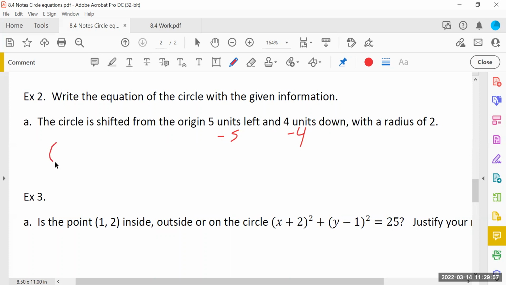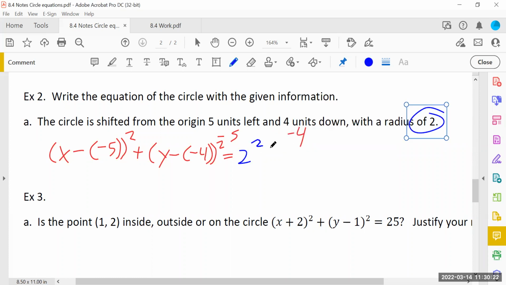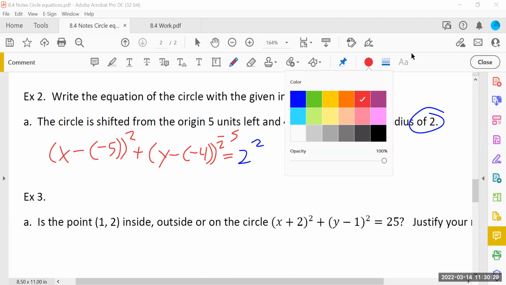But when I put them in the equation, x minus -5 squared plus y minus -4 squared is supposed to equal the radius squared. And so here, let me use different colors actually. The radius is 2, so 2 squared. Hopefully we're seeing what's happening here.